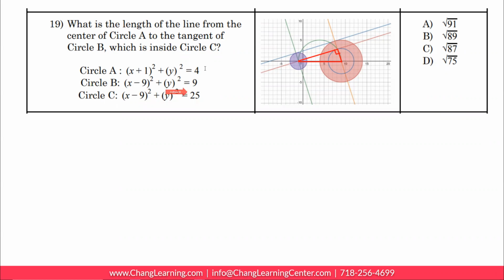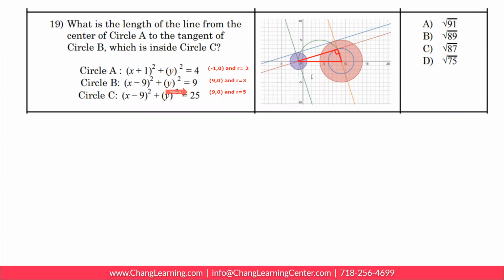So I'm just going to write those facts here on the right side, just quickly: negative 1, 0, and r equals 2. For the second circle, 9, 0, and the radius is 3. And finally, 9, 0, and the radius is 5.